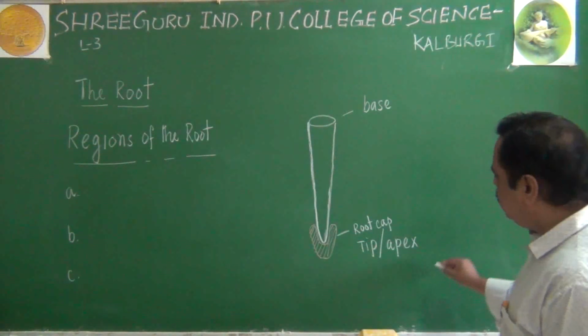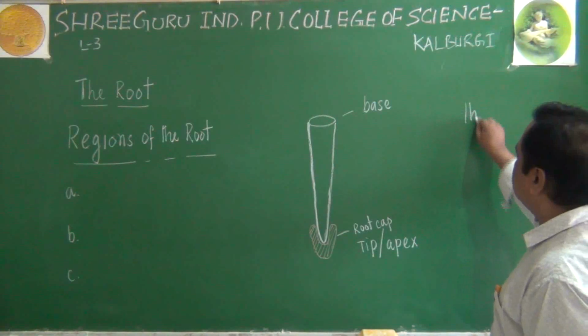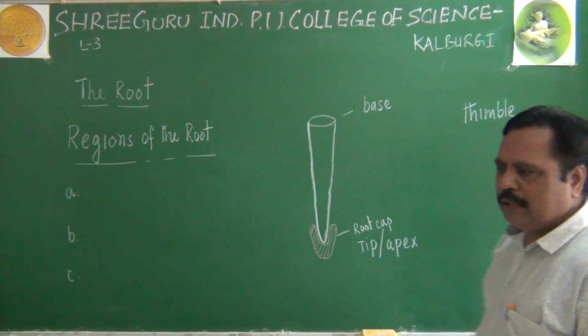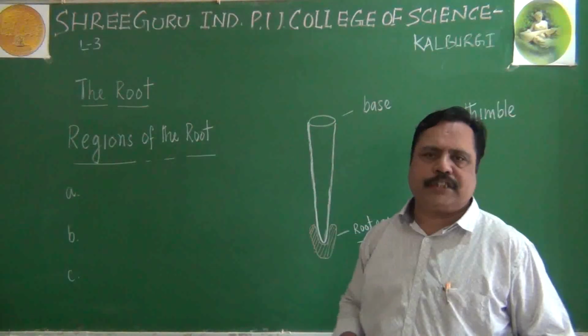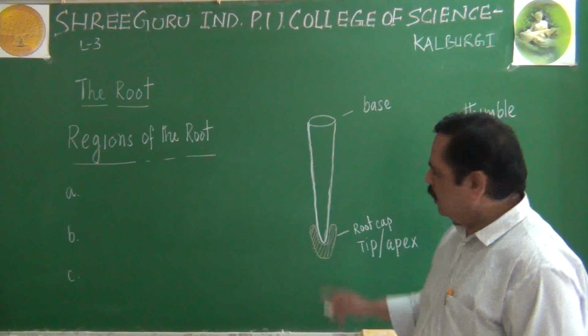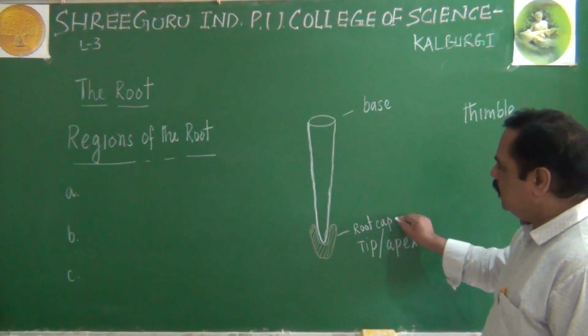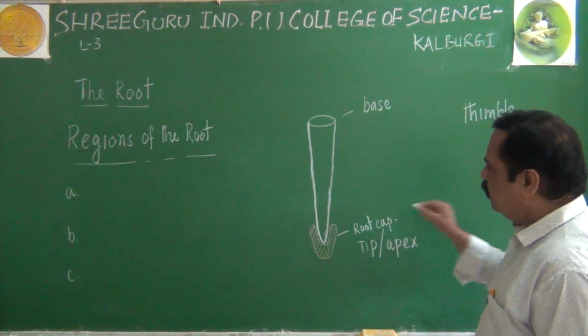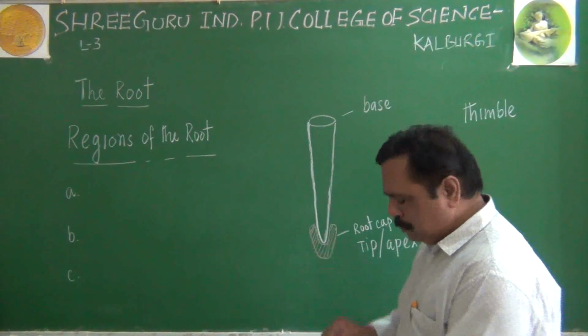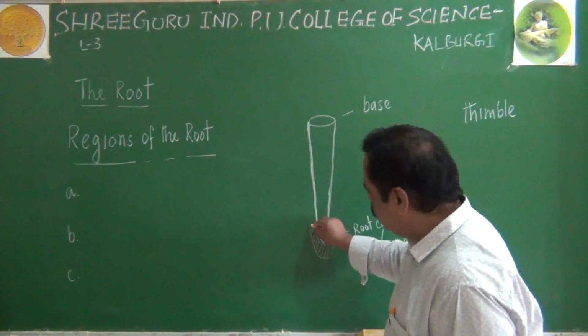This root cap is otherwise known as thimble-like structure. Thimble-like means something like a finger-like structure which will be protecting the root tip here. This root tip is protected by root cap. Remember. Why should this root cap be present in a plant root system?